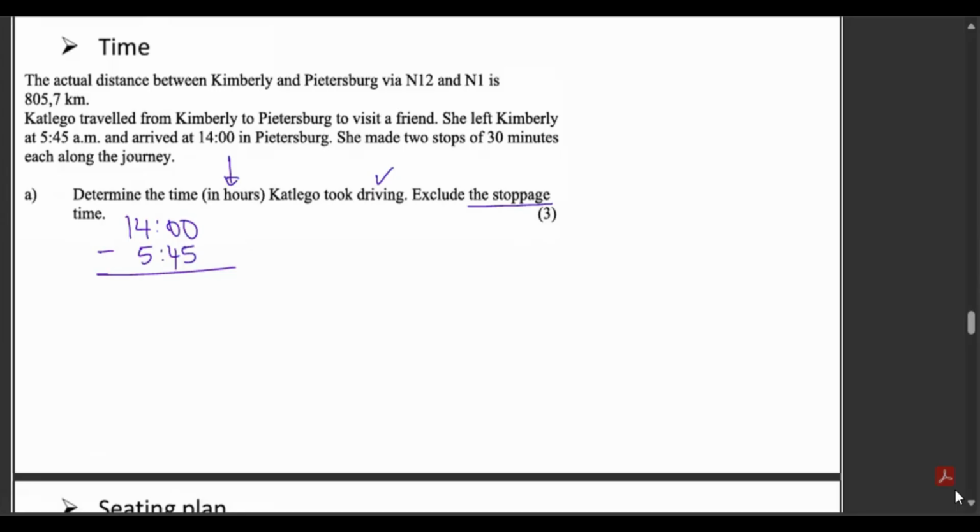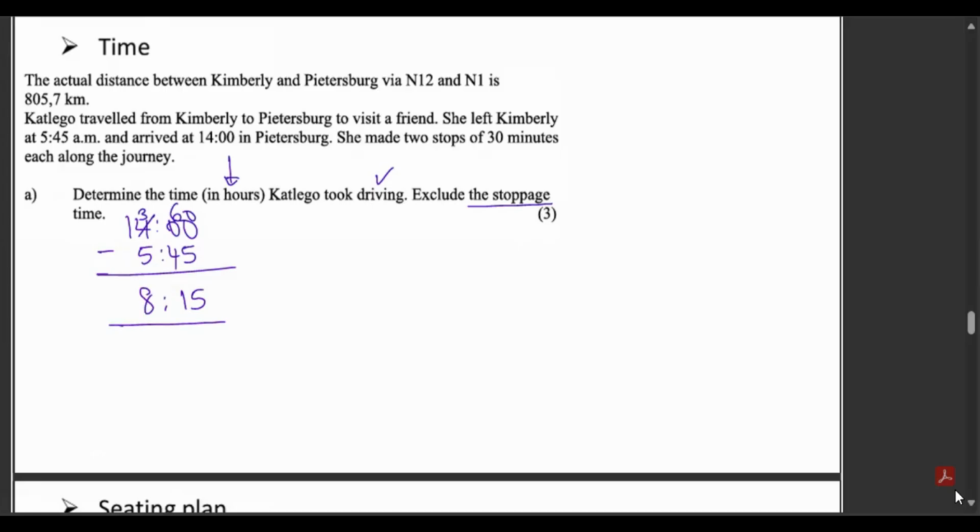So here you remain with 0 minus 45. It's impossible to do, so we borrow. This becomes 60. 60 minus 45, you remain with 15. Then here you remained with the 13. So 13 minus 5, you remain with 8.